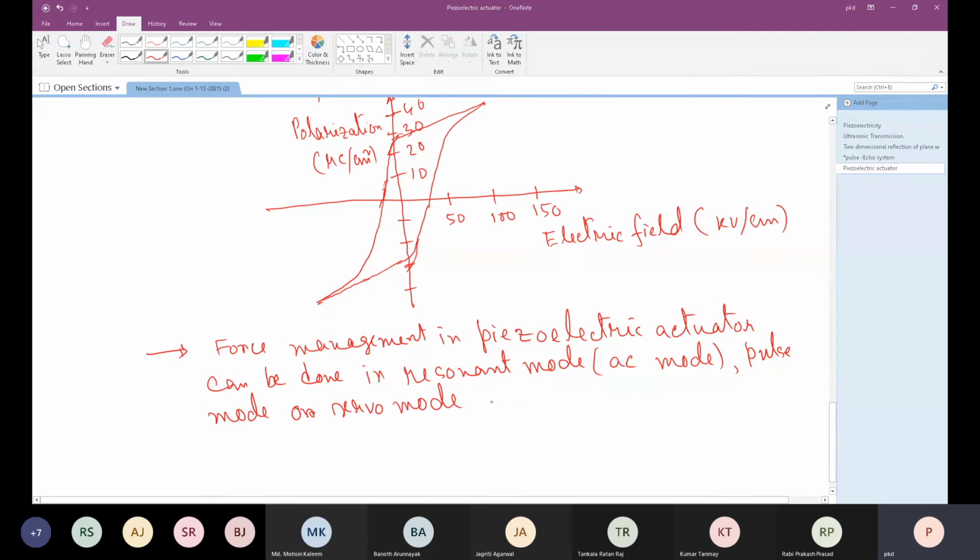Because of the hysteresis, usually servo mode can be done in a small region. Of course, for other kinds of material like quartz, hysteresis is smaller in a small operating zone.